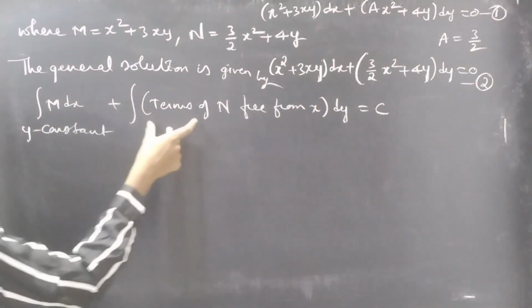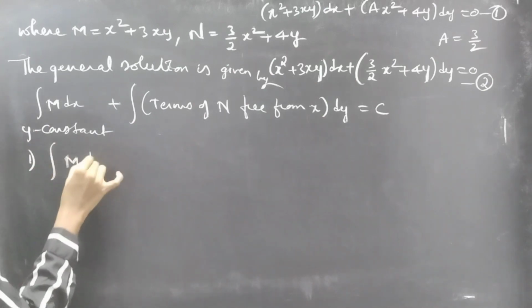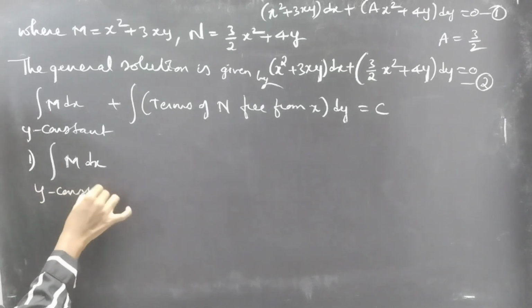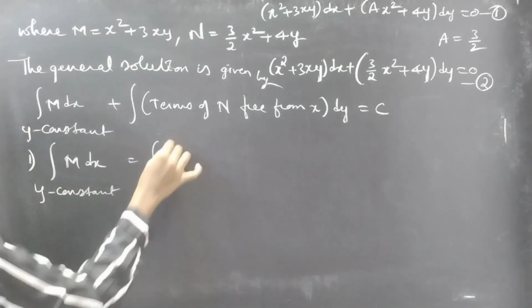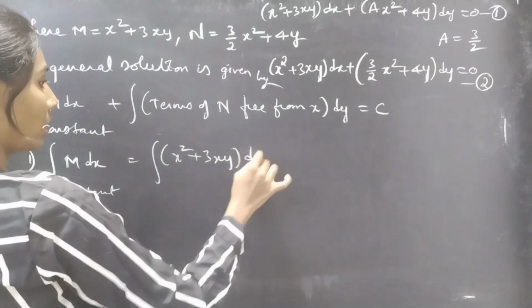Let's now find the integrals separately for our convenience. Integral M dx treating y as constant. We have M, x square plus 3xy, into dx.